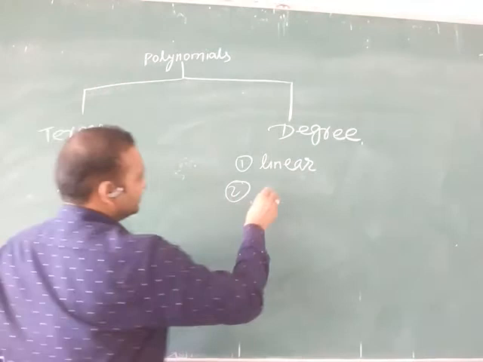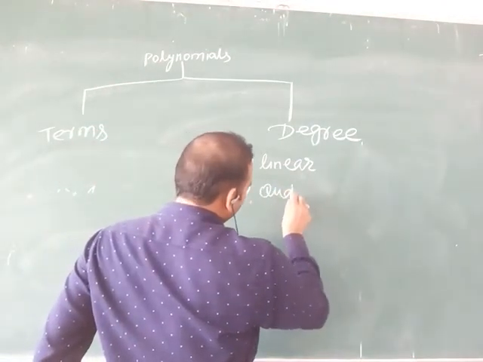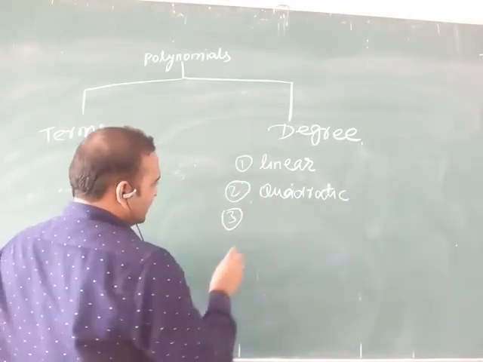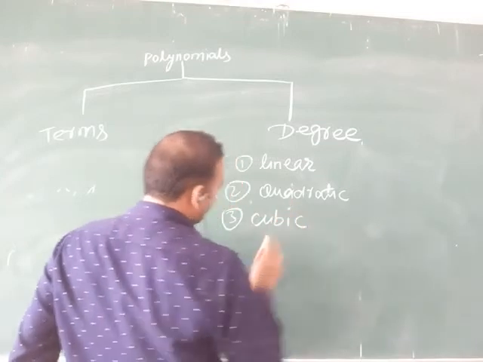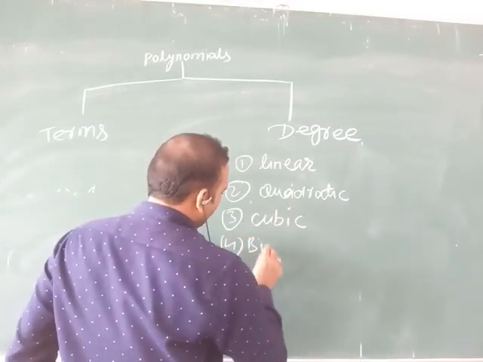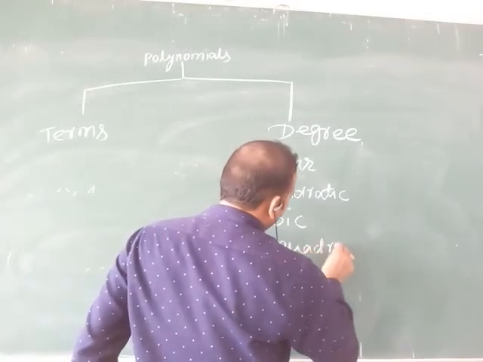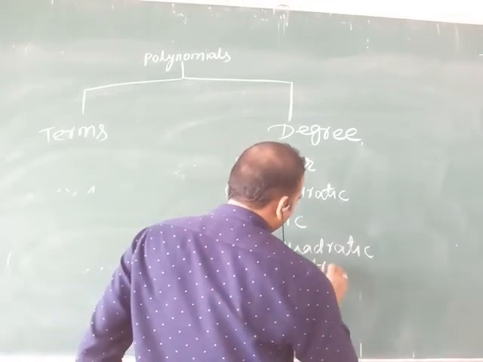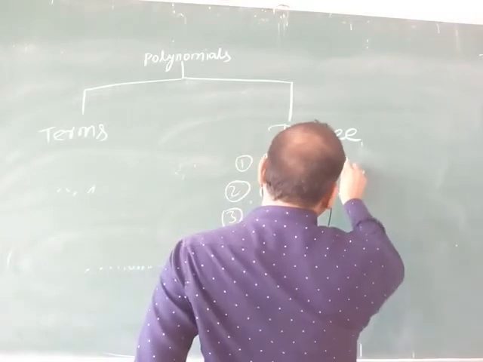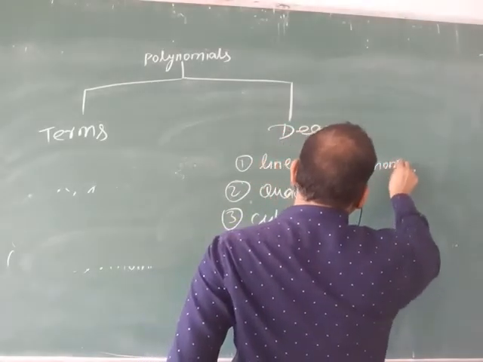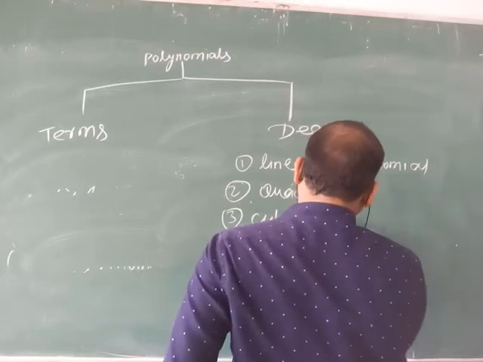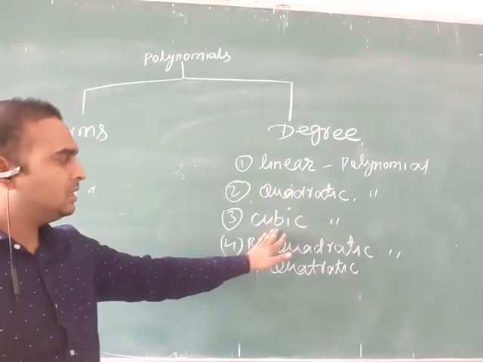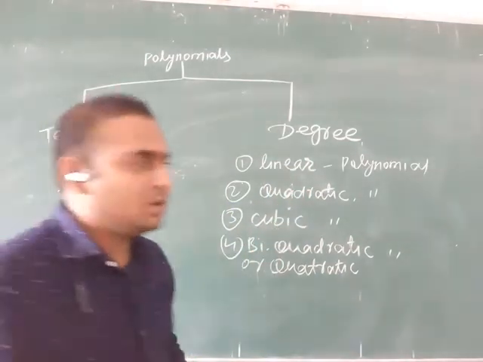Second one is quadratic, and third cubic, fourth biquadratic polynomial. Linear polynomial, quadratic polynomial, cubic polynomial and biquadratic polynomial.